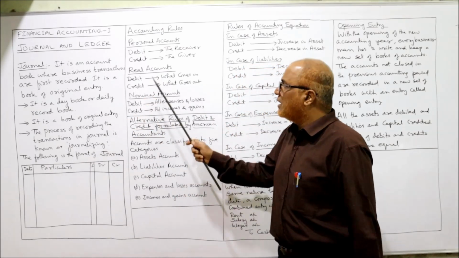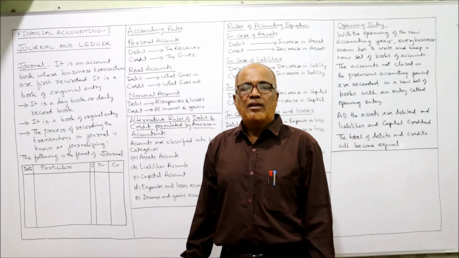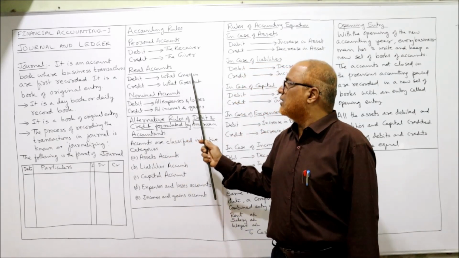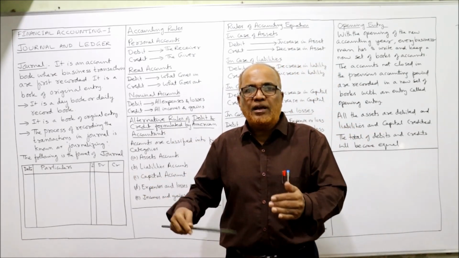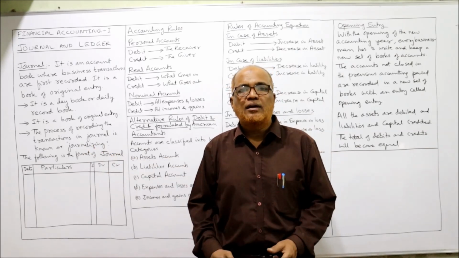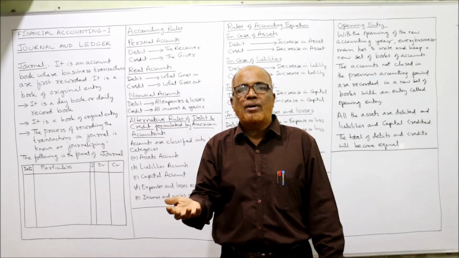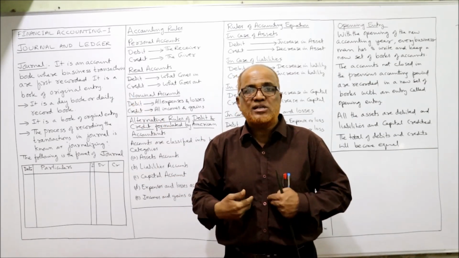That's it. Secondly, real account. Real accounts are relating to assets and properties. The rule is debit what comes in, credit what goes out. Suppose the property is coming in, we debit. Suppose the asset is going out, we credit. Example, when we purchase the machinery, the machinery is coming in because we have purchased the machinery.